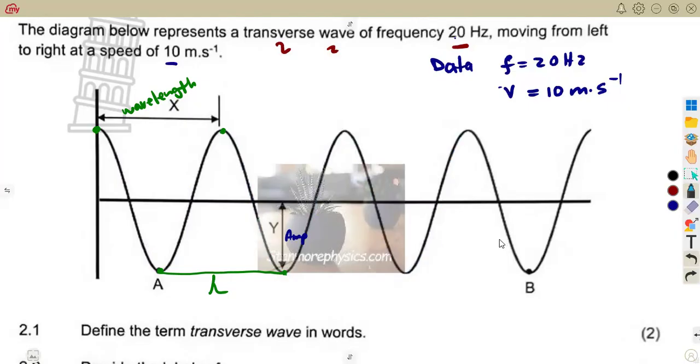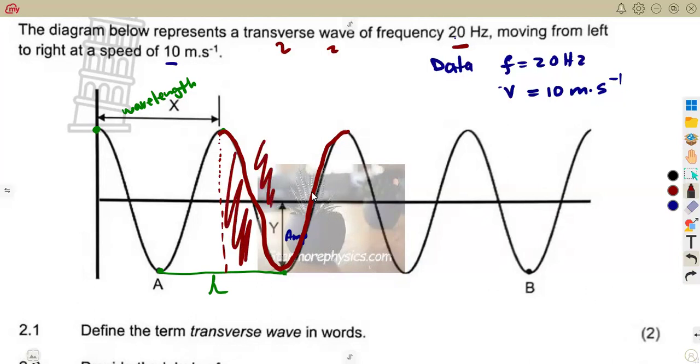If we consider it in terms of quarters, you'll see a quarter that is covered, another quarter covered, another quarter covered, and another quarter covered.